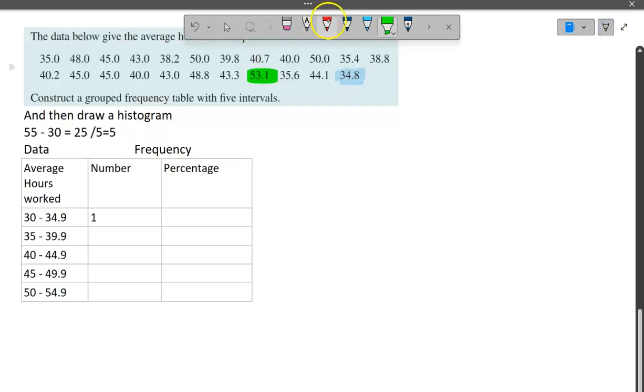And what I will do is I will pick up some color and start striking them out, as in that has been accounted for. And one I have written there. Between 35 and 39.9, I have to see, 35 is there, 1, then 2, 3, 4, 5, 6.